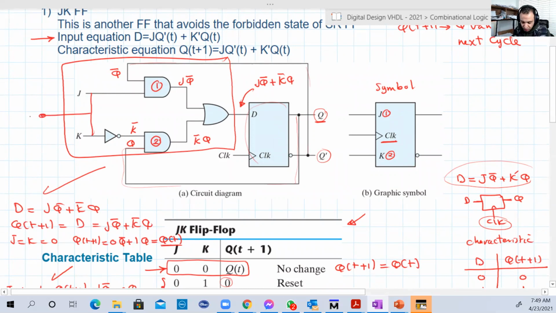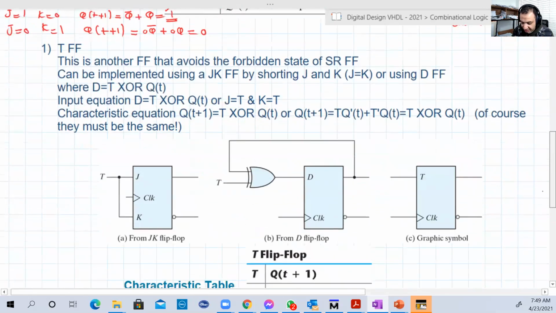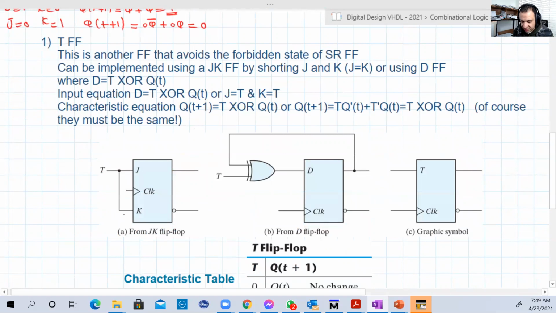So let's remove this, not to confuse you. So you get a JK flip-flop with J and K connected together. And that of course will lead to a different type of characteristics. We're going to see it in a moment. Or you can get a D flip-flop, and it takes the Q. This is basically Q, this is Q bar.